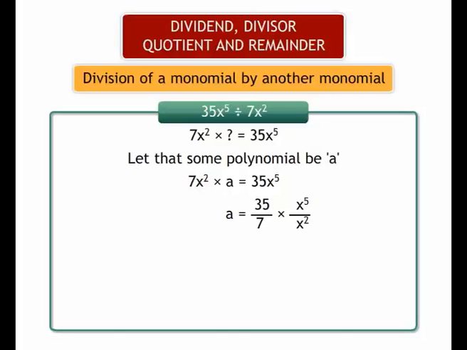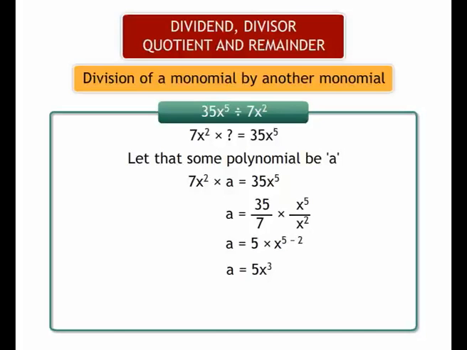Indices of the polynomials are added in multiplication and subtracted in division. Therefore, a is equal to 5 multiplied by x raised to 5 minus 2 as per the rule of indices, which is equal to 5x raised to 3.